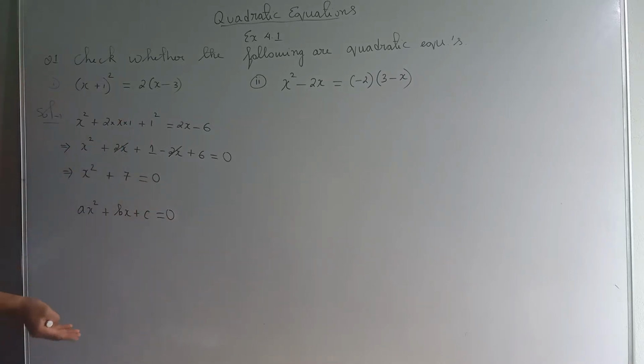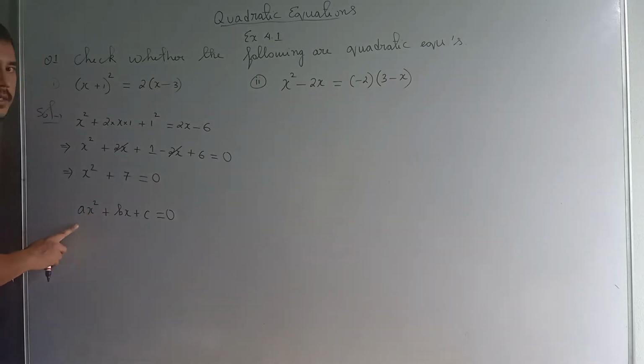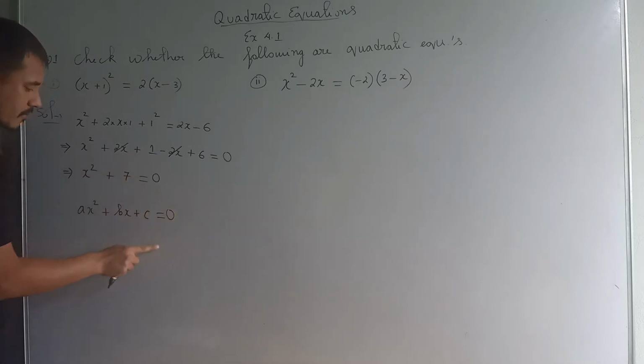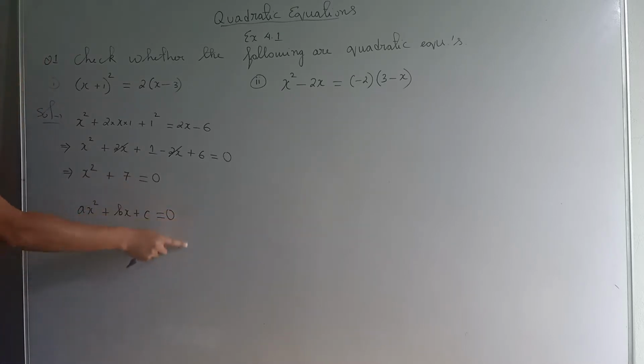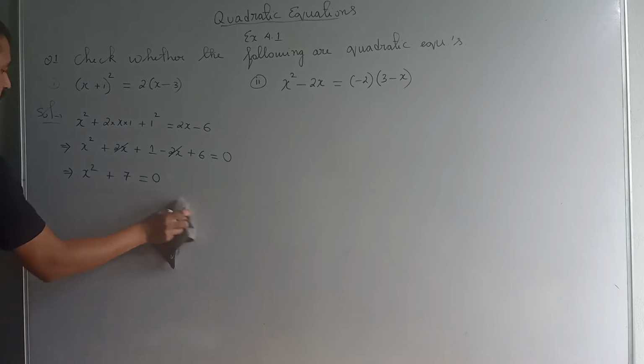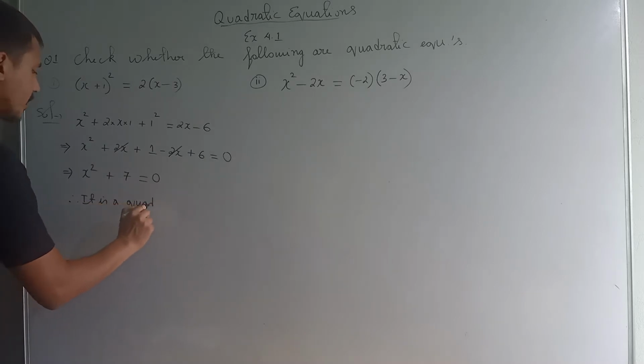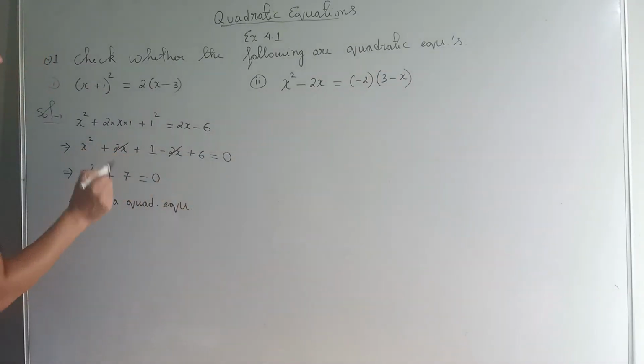B can be 0 or any non-zero real number, okay? Except that a should not be 0. So since the equation is of this form, ax squared plus bx plus c equal to 0, this equation is a quadratic equation. Okay. Therefore, it is a quadratic equation.